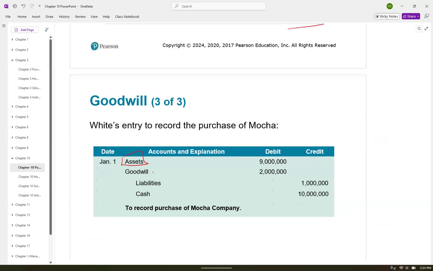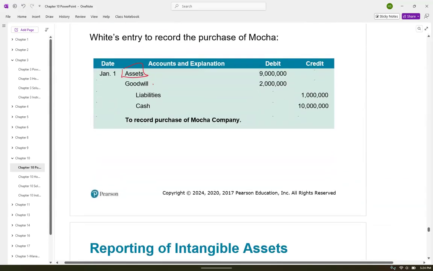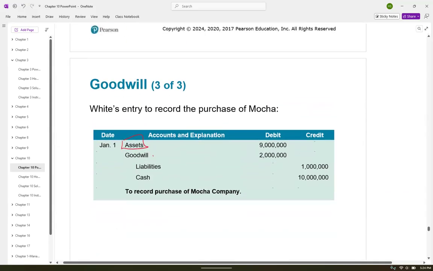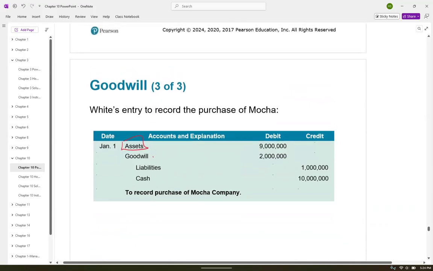We will not amortize it. We will test it for impairment. And we won't do that calculation in this class because that is actually a calculation. If you're an accounting major, we will go through that calculation of impairment on goodwill. Right now, you just need to understand what is goodwill, how it comes about.